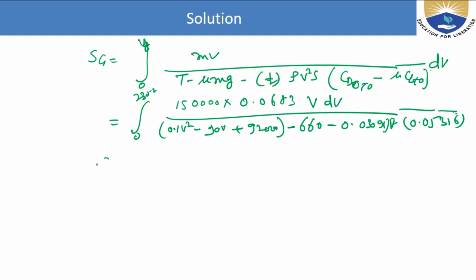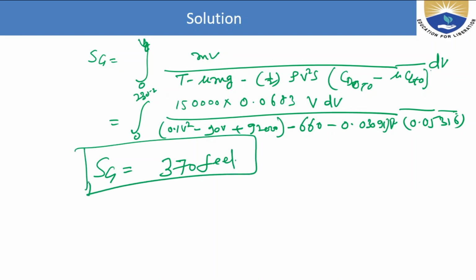So you will get SG is equal to 370 feet. So this is the answer for the problem.